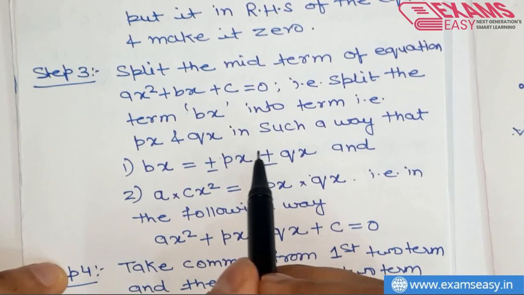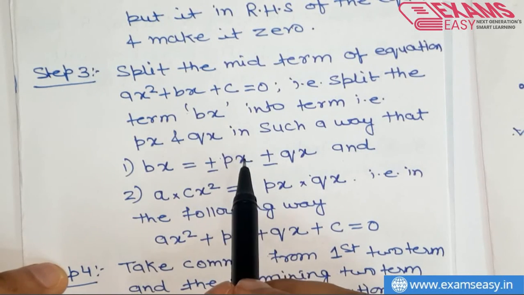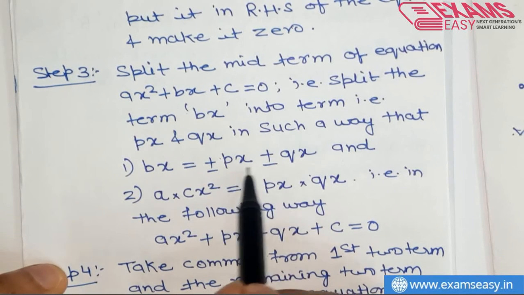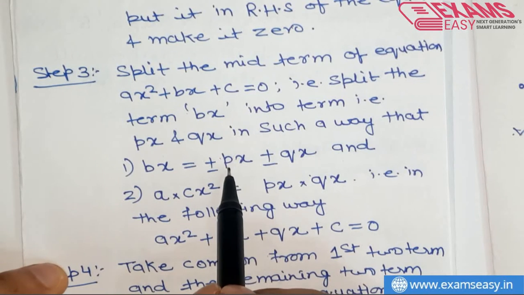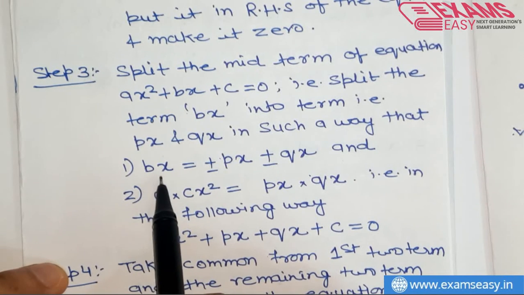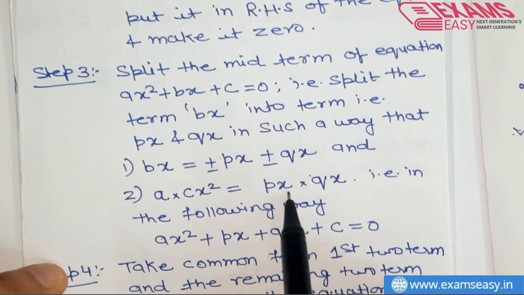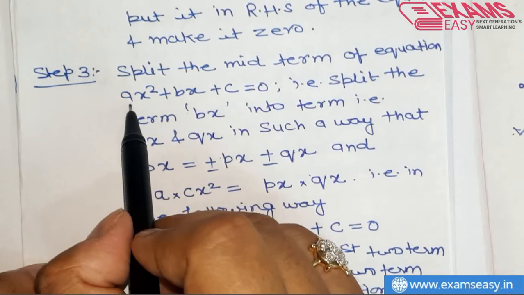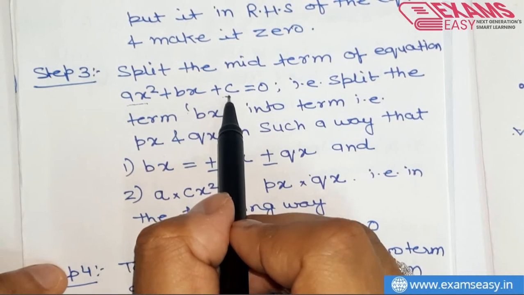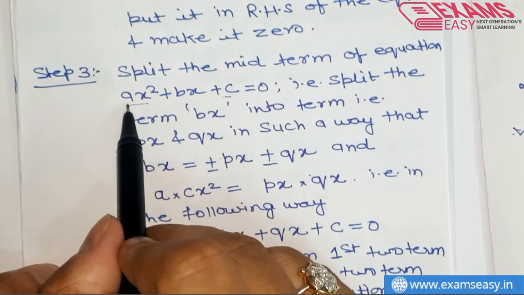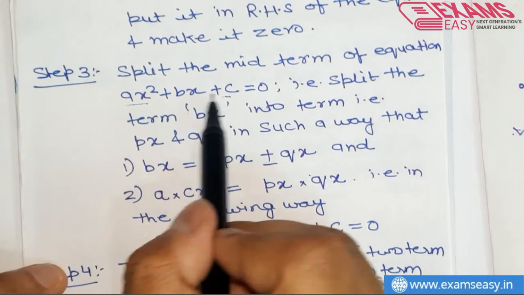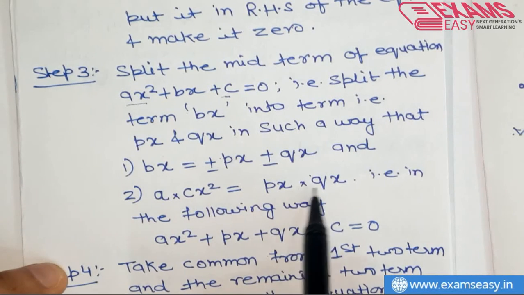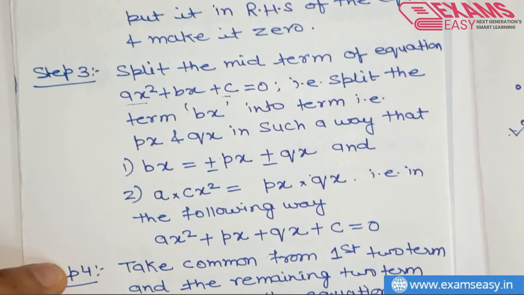That means we have to split bx in such a way that the sum or subtraction of the two terms, px and qx, based on the condition, will yield bx itself, and the product of px and qx will yield a into cx². That means the product of the first term and the third term. So the product of the first term and the third term is ax² into c, and it should be equated to px into qx.